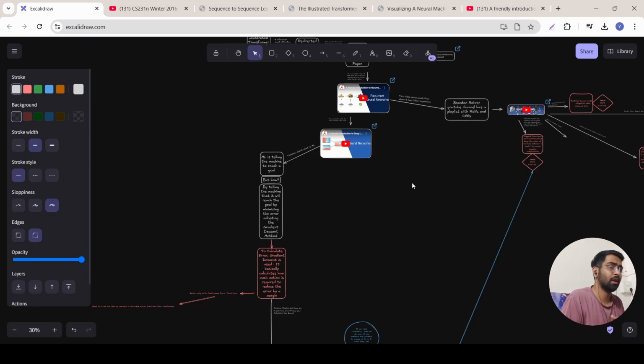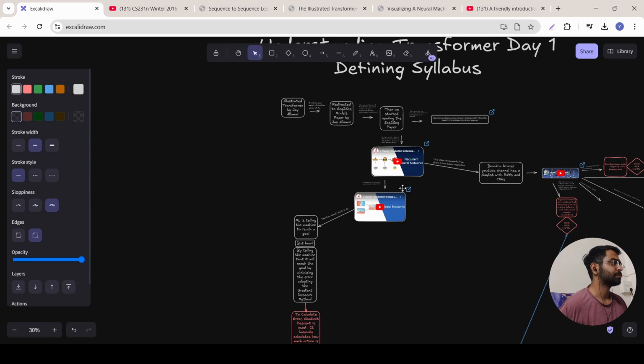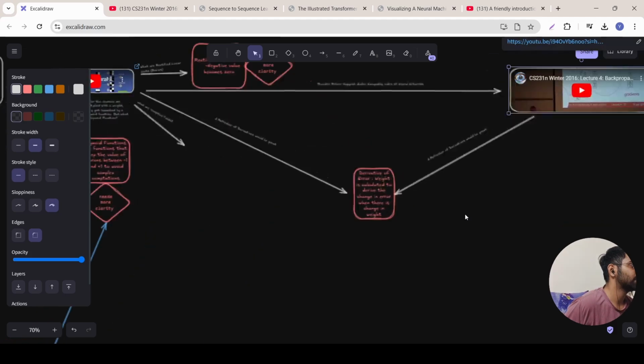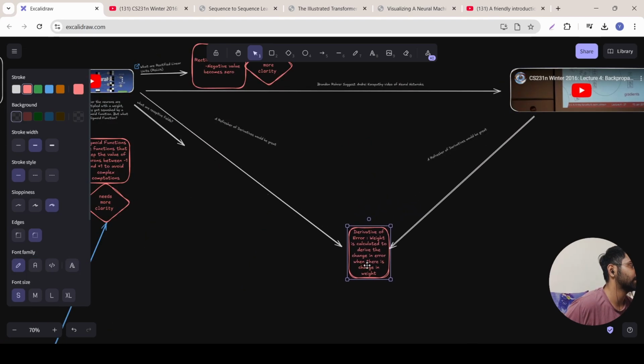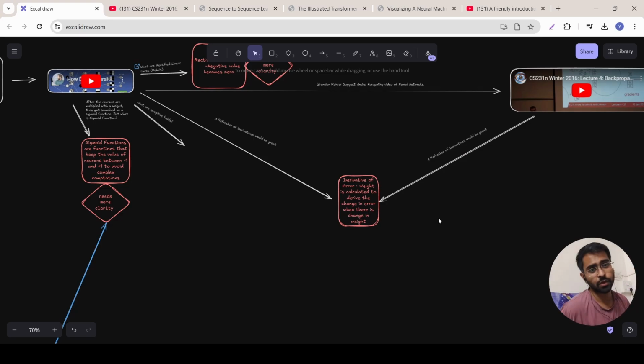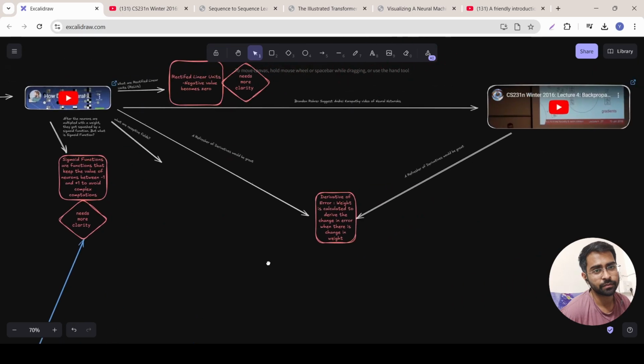So I don't have any problems with it. Again, this was the path that we took, and the basic point which occurred to me was, first of all, you need to understand what derivatives are.